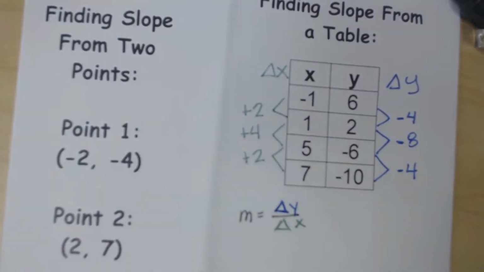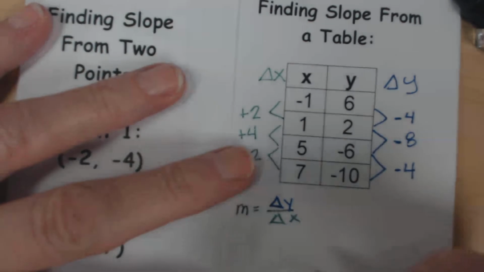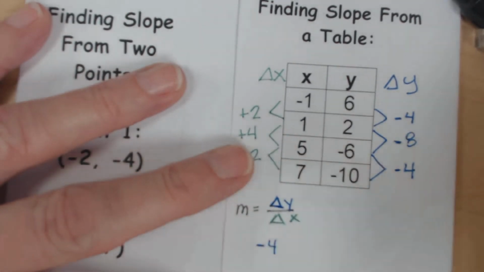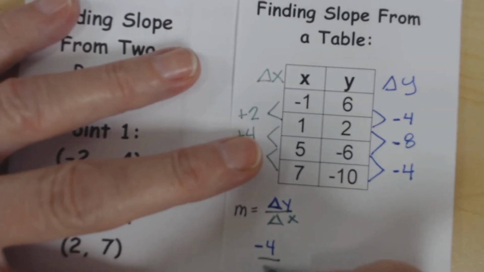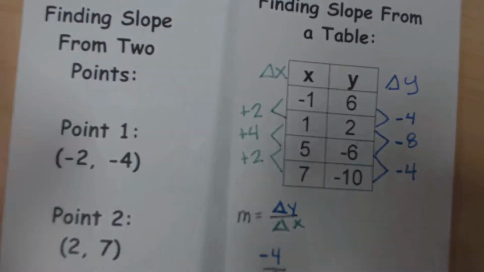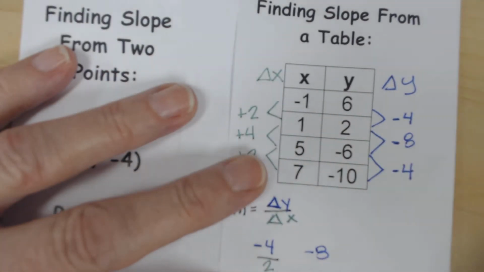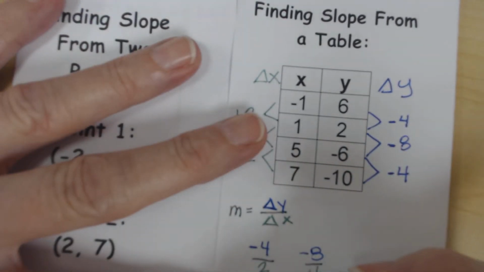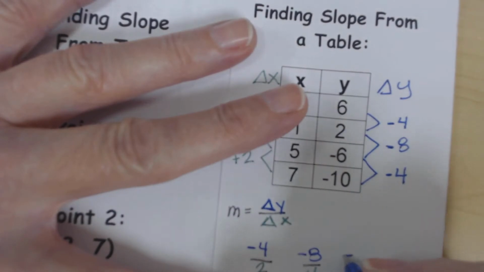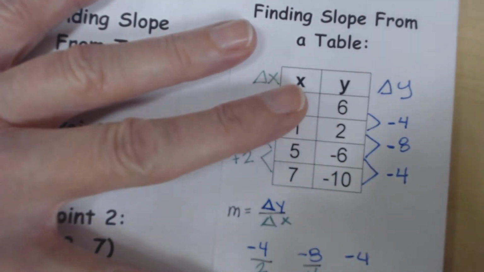So what we're going to do is look at each of these ratios. So I've got a -4 over +2. I've got a -8 all over a +4. And finally, again, I have a -4 all over +2.